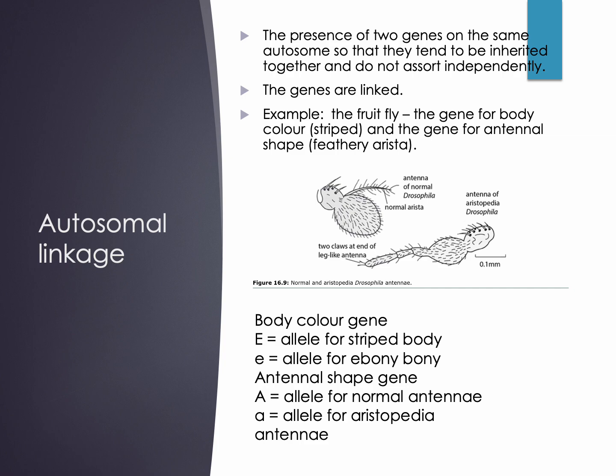The gene for body color, striped, and the gene for the antenna shape, having that feathery aristopedia. The body color, the capital E is going to give us a striped body. The recessive e is going to give us an ebony body. And then the antennas, the capital A is going to be a normal antenna, and the lowercase a for aristopedia.